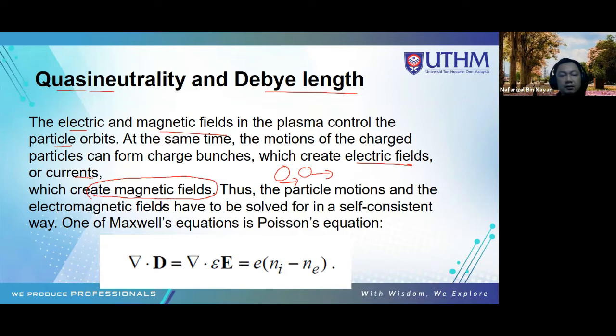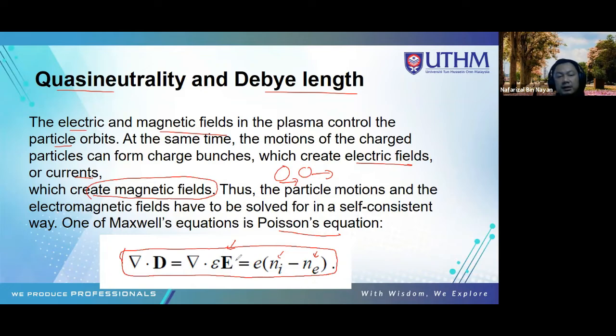The electric and magnetic fields have to be solved in a self-consistent way. So we use the Maxwell equations and the Poisson equation here. The divergence of D is under this value, so we have E, the divergence of the electric field, and then the ions and the electrons. This equation comes from the Maxwell equations.